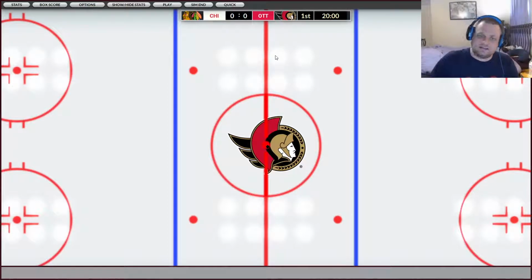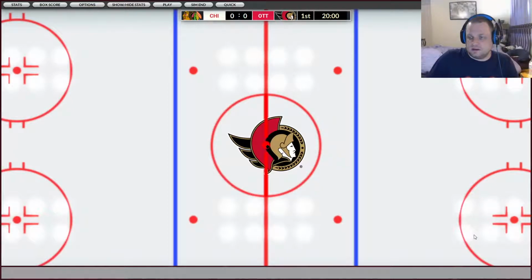Now again, let's say that Ottawa gets the puck over here, and over here they decide, hey, you know what, I'm just going to dump the puck all the way in the corner, behind the goal line. That would be considered an icing. For the dump to be legal, you have to have the puck all the way across the middle line here.